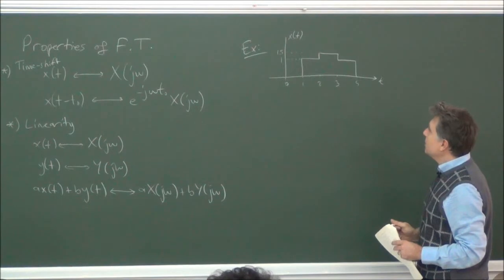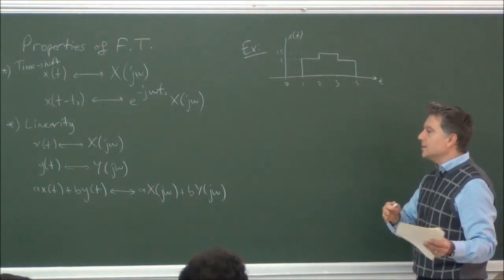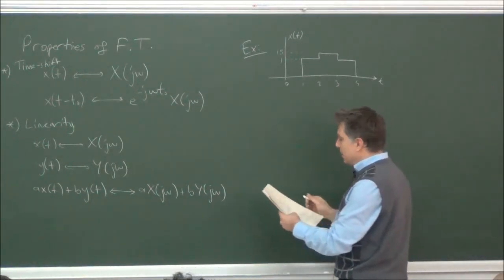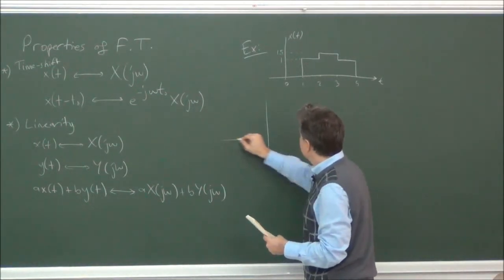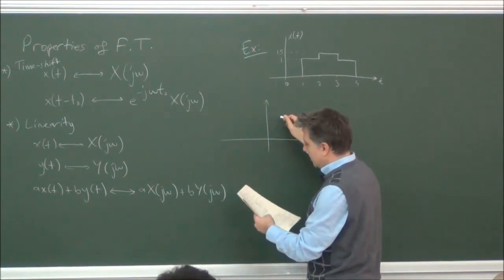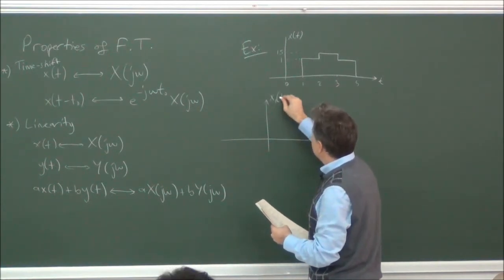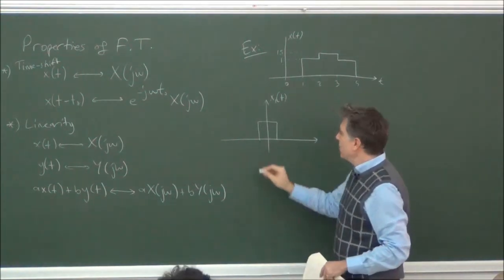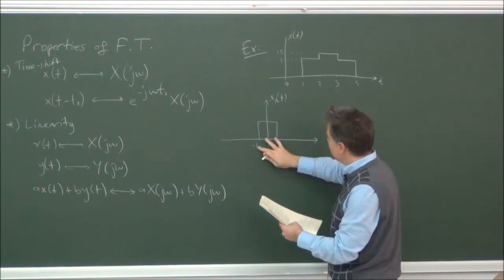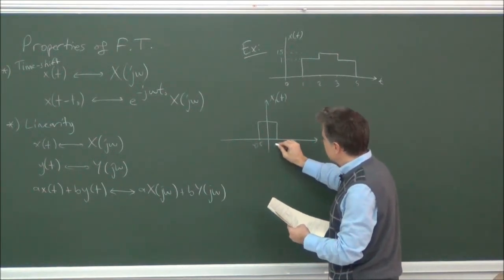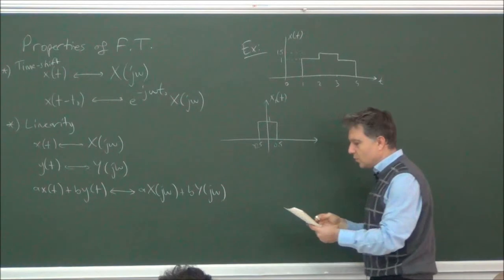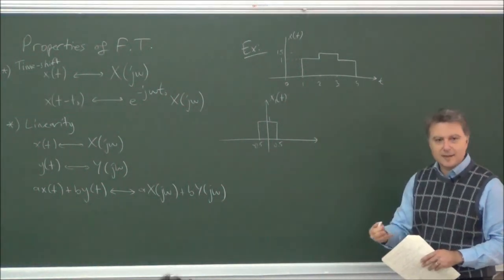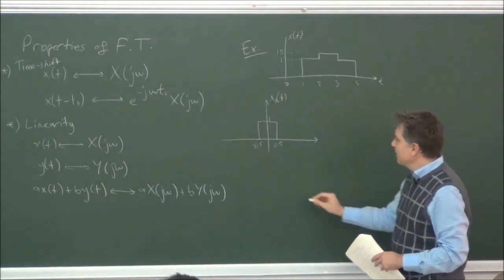So how do we attack? You can attack it like this if you don't have any of these properties, or if you don't want to use them. But it may be a better idea to think of a separate signal x1 of t, that is a normal rectangular pulse from minus 0.5 to 0.5 with a magnitude 1, and that is the sinc function generating signal that we already have.